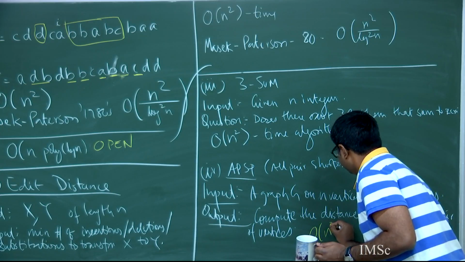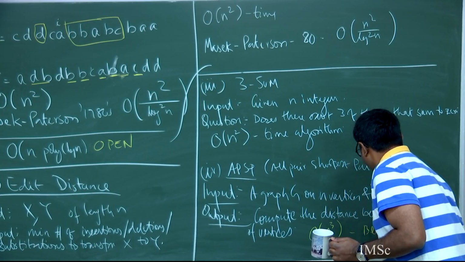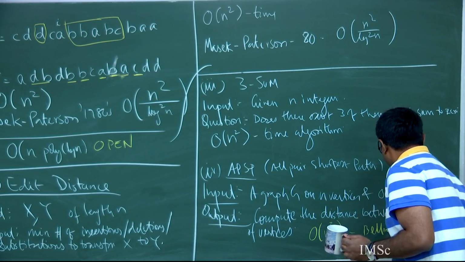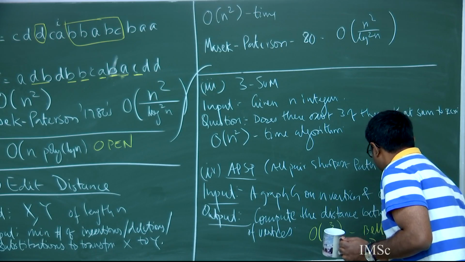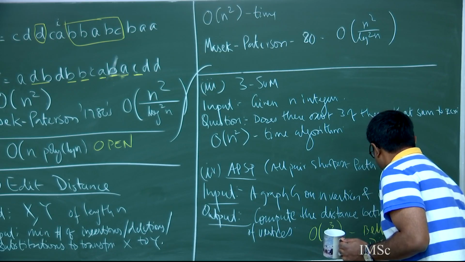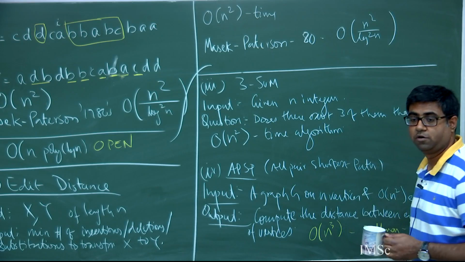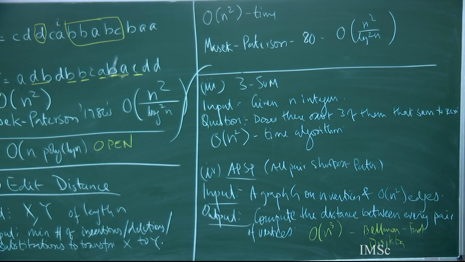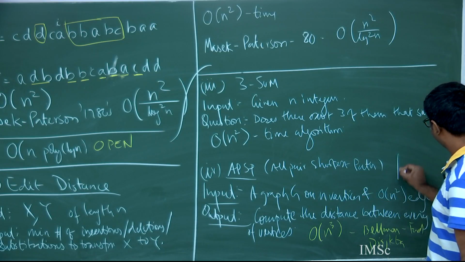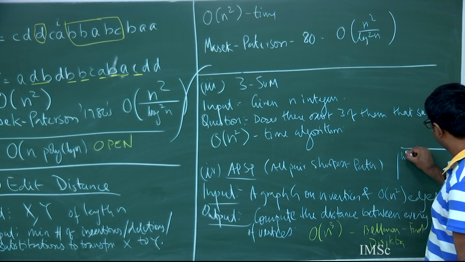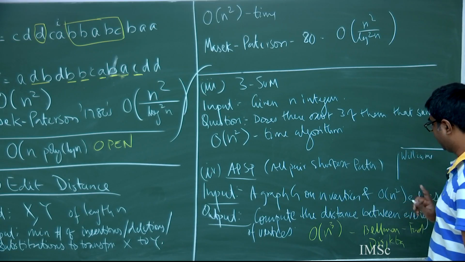Okay. So, even I think with Dijkstra's, you can get an order n cube algorithm. And I think the best known algorithm for this currently is by Williams. I will check and tell you how much it is.